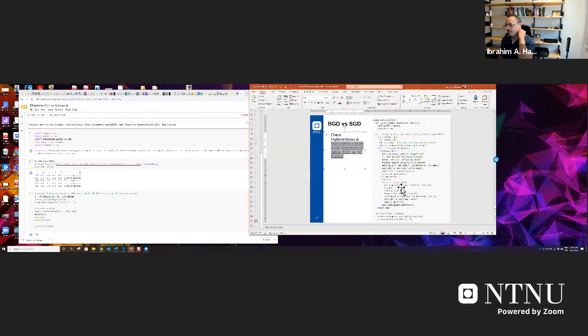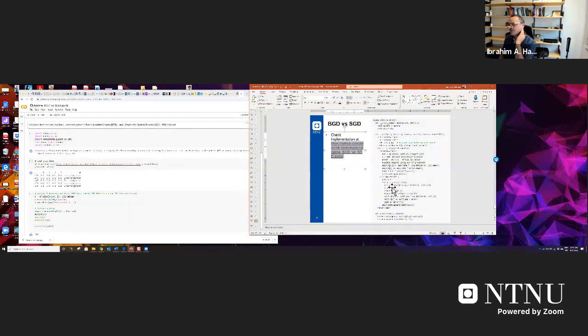We will run it for a number of epochs. If the mode is BGD, you will do it here, and if the mode is SGD, you will do it example by example. Do you see this for loop?